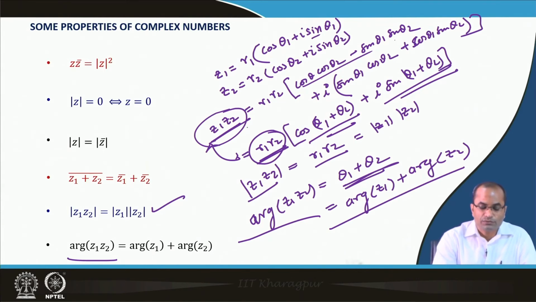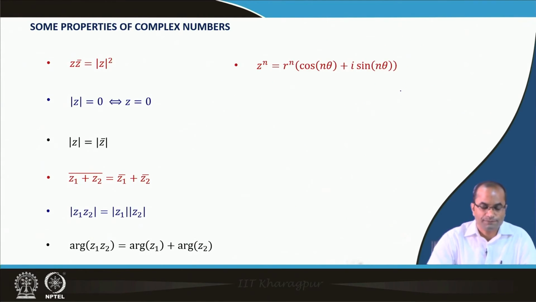Indeed, if z1 and z2 are the same, so we get z, for instance, z square will be R square times cos 2 theta plus I sin 2 theta. We can generalize these results: when we have z power n, then we get r power n times cos n theta plus I sin n theta. So this equality we can generalize, and we can refer to some other properties based on this relation.